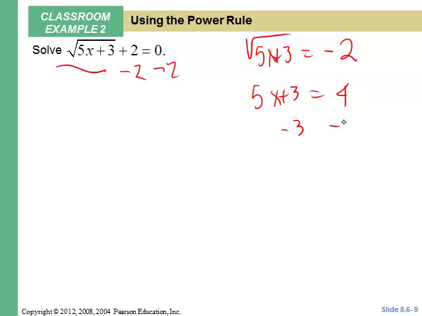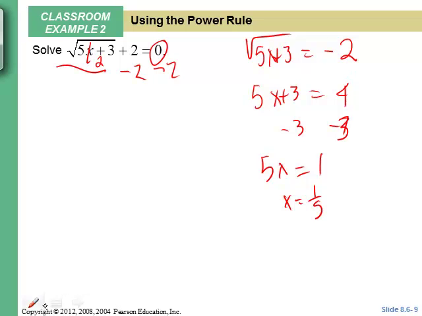Subtract 3 from both sides. 5x equals 1. X equals 1/5. 1/5 times 5 is 1. 1 and 3 is 4. Square root of 4 is 2. 2 plus 2 does not equal 0.